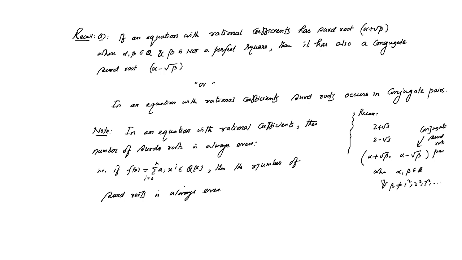Why is it even? Because surd roots occur in conjugate pairs. Okay, so this note is very, very important.